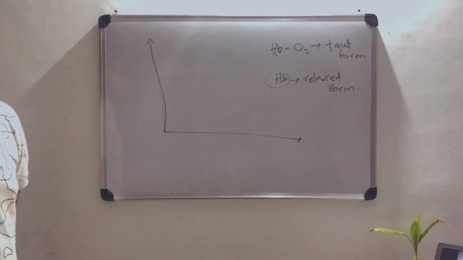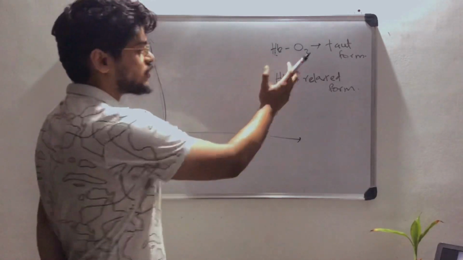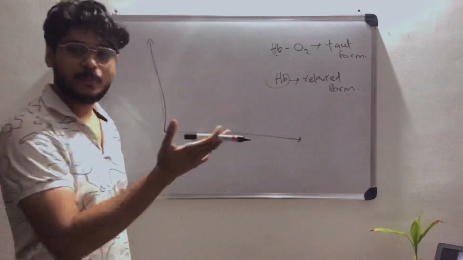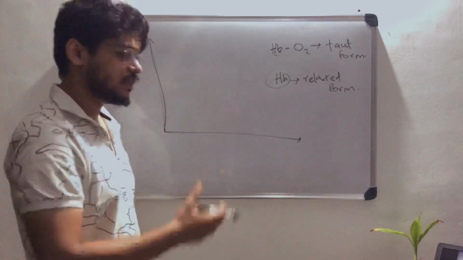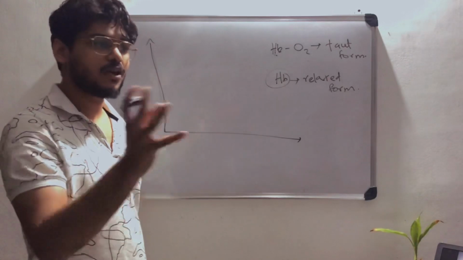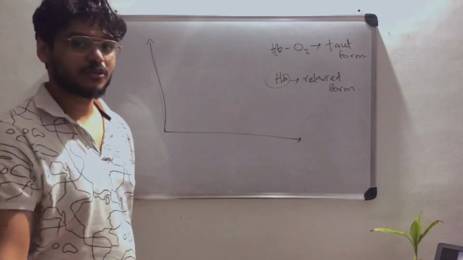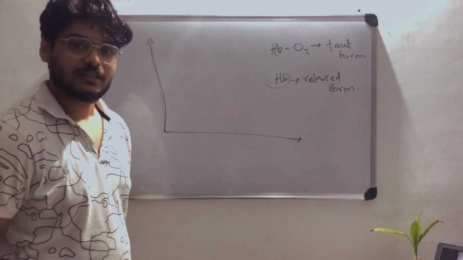And where do we find the relaxed form of hemoglobin? When do we want oxygen to be released from hemoglobin? In tissues. We need oxygen in tissues, right? And carbon dioxide is being secreted. We need oxygen for the tissues to utilize the energy, right? Okay.